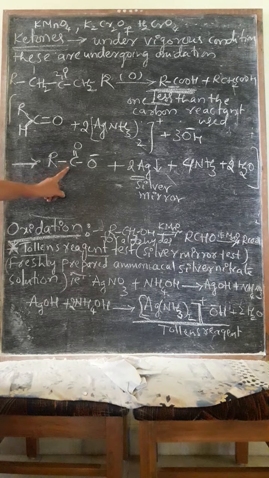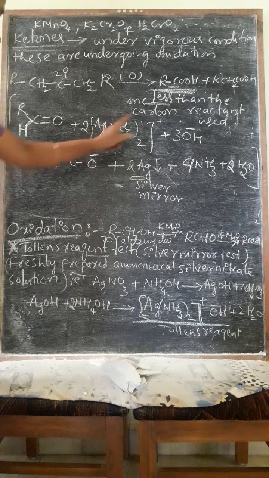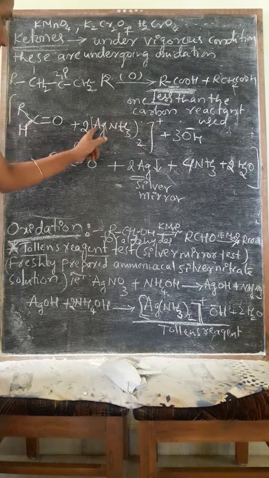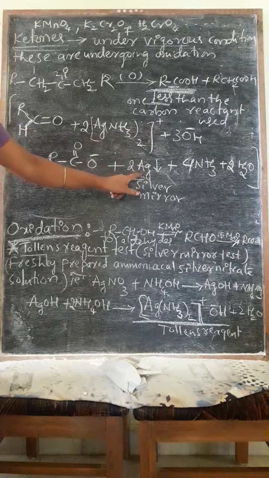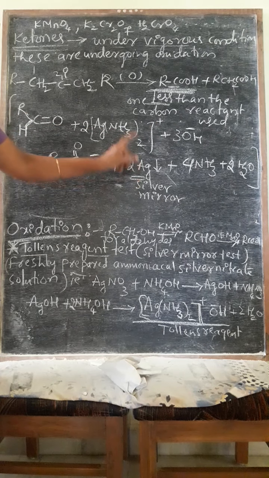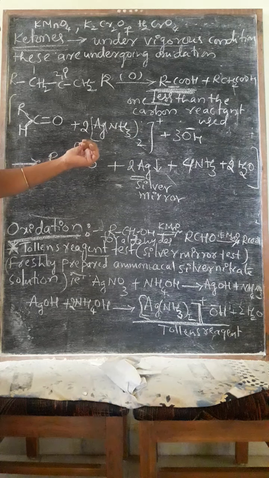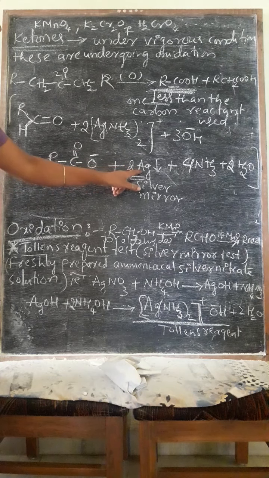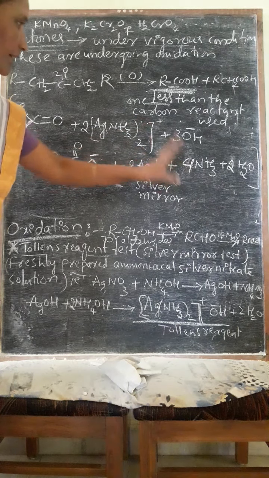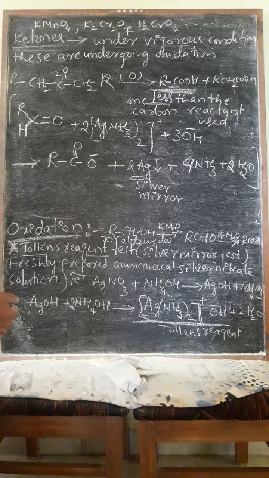Aldehyde oxidizes to carboxylic acid and silver Ag plus is reduced to Ag. Reduced means it takes electrons. Addition of electron is reduction. Now this is Ag plus to Ag, and the remaining are all balanced.